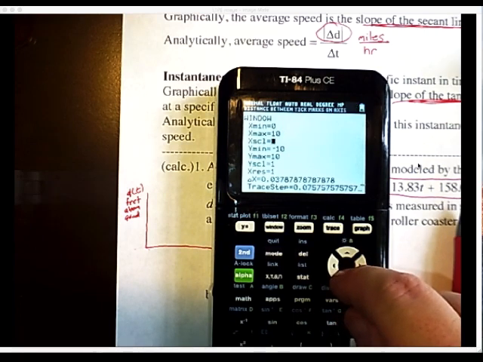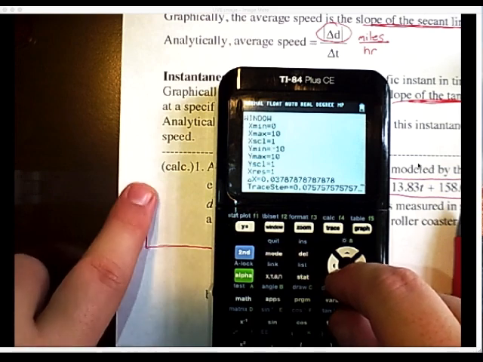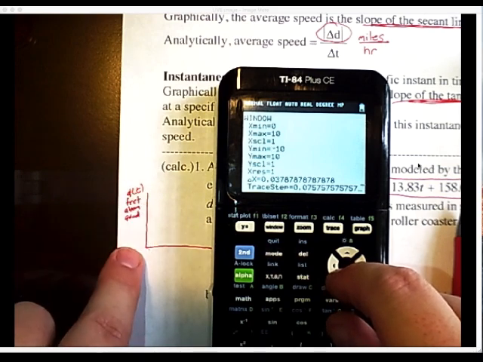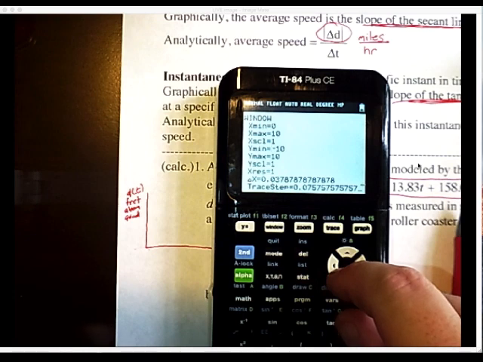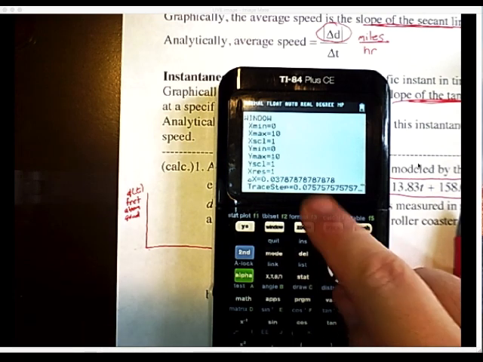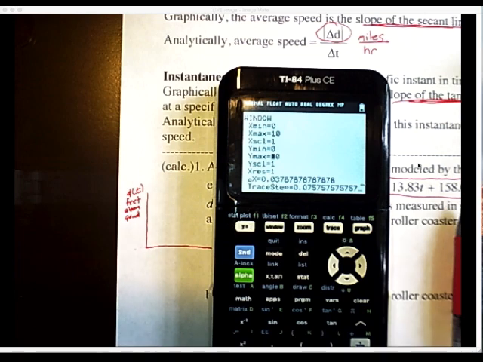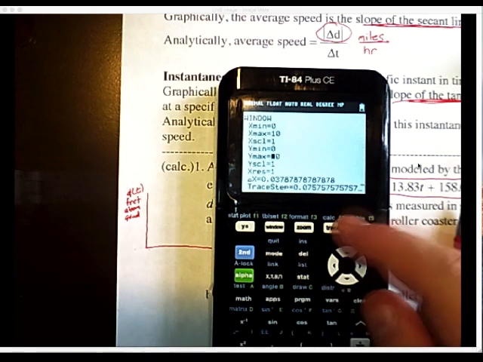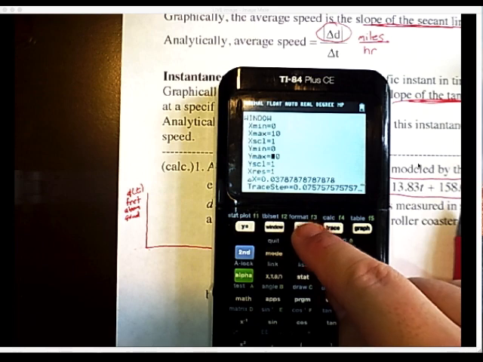Each tick mark will be 1. Now we know y min shouldn't go beneath 0, so let's start it at 0 there. But we don't know how high to make it go up. So what we can actually do, the calculator can help us with that.